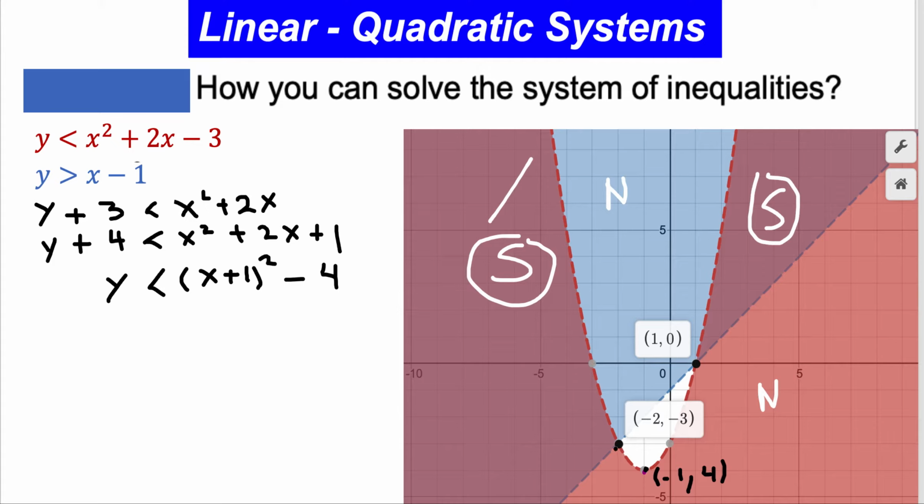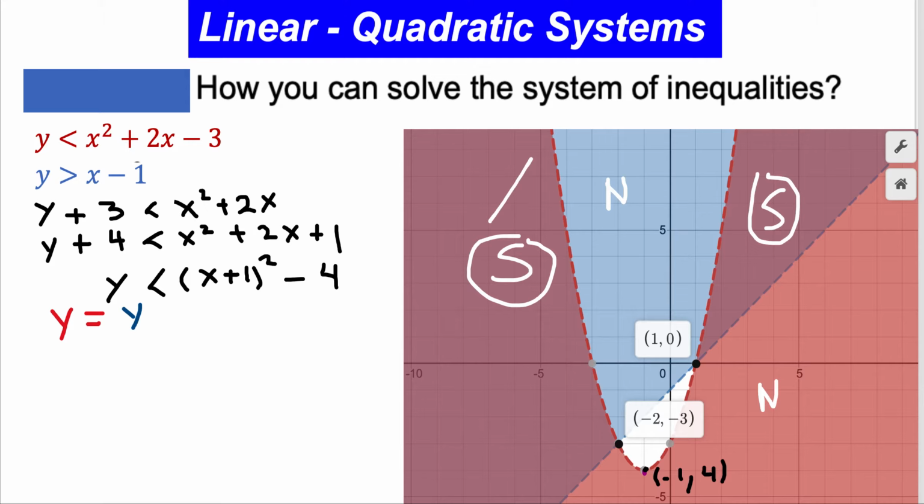And now to get, for example, the points of intersection, we don't have to use an inequality sign. We can use the equal sign. For example, this y is equal to this y here, like we are solving linear equations.